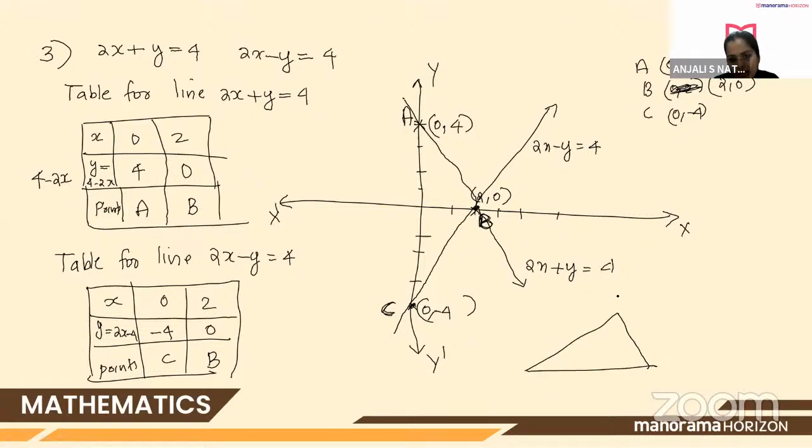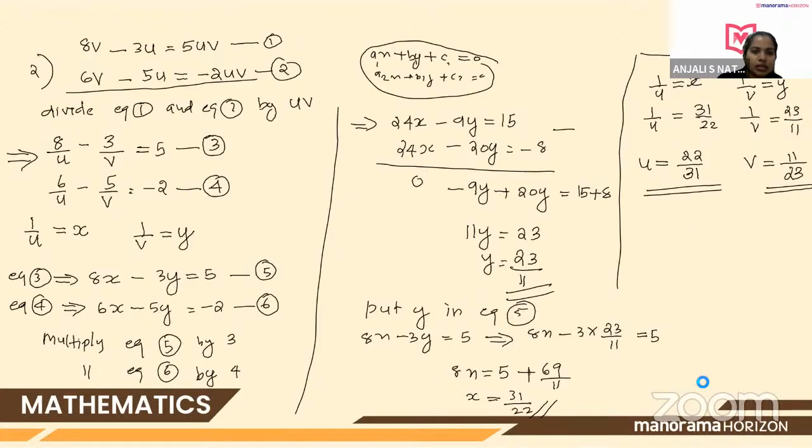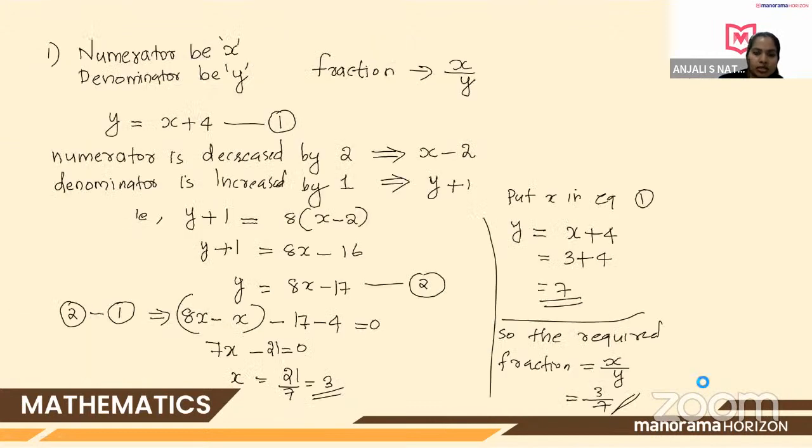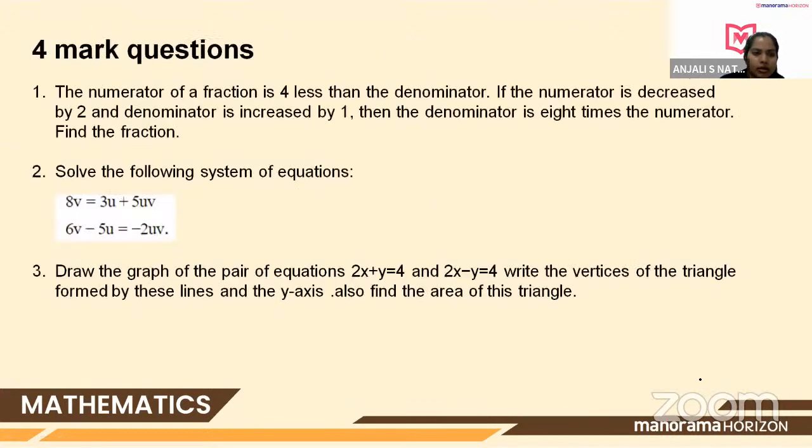That is triangle ABC. For A, the coordinates are 0, 4, and B, that is 2, 0, and C, that is 0, minus 4. So what is the answer for the first question in this? Draw the graph of the pair of linear equations.